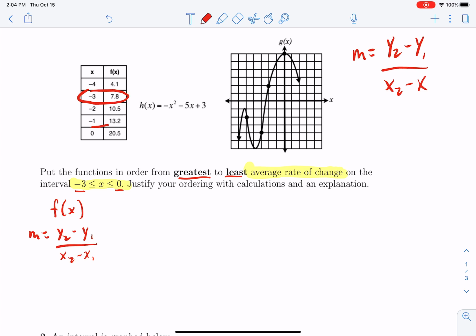At 0, my f of x value is 20.5. I'm going to label these x1, x2, y1, y2. Plugging this into the formula, I get m equals (20.5 minus 7.8) divided by (0 take away -3).